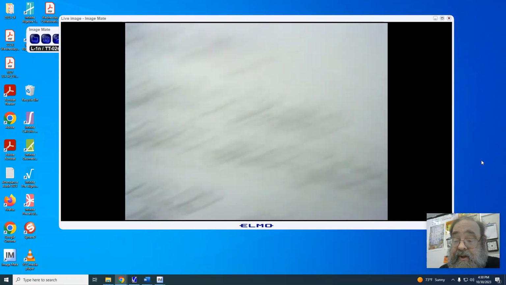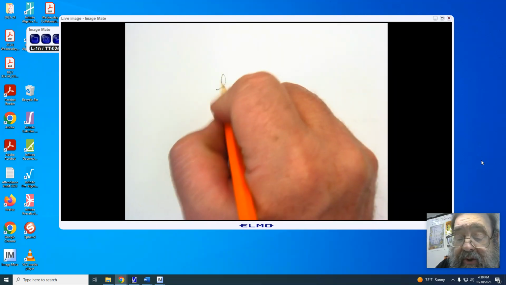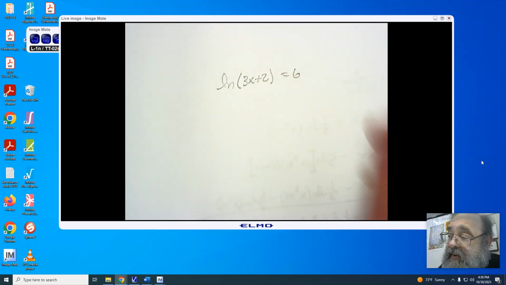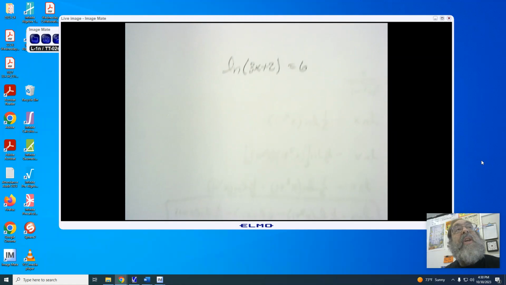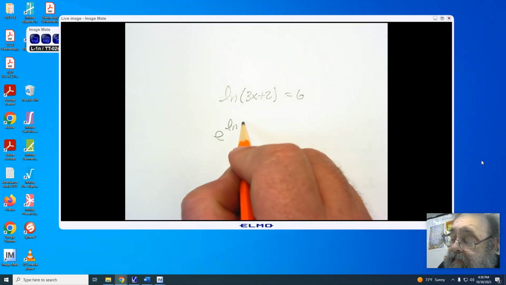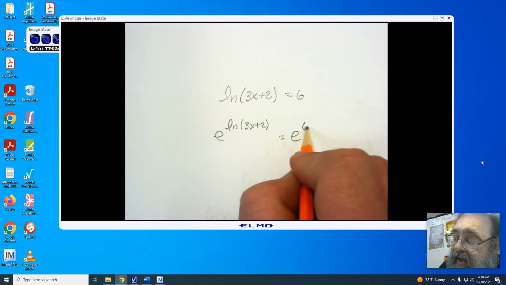This then brings us to number 11. Number 11 asks us to find the exact value of the natural log of 3x plus 2 equaling 6. This is an exponentiation problem where I'm going to exponentiate with my e. E to the power of natural log 3x plus 2 has to equal e to the 6th.